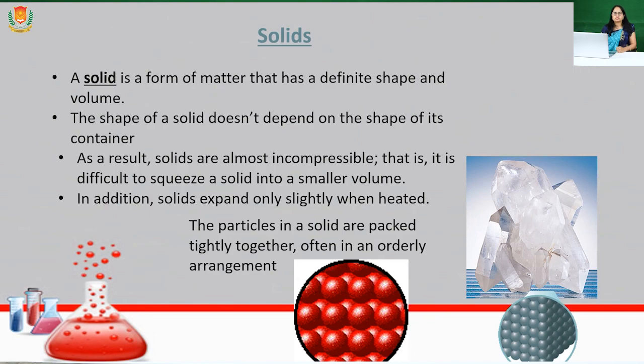We study their structure, property, and position by different X-ray diffraction techniques. These diffraction techniques are helpful to determine the distance between two molecules of the solid. Like when we study the structure of NaCl, the distance between the Na and Cl ions is studied by X-ray diffraction techniques.